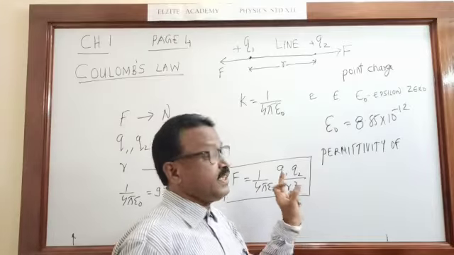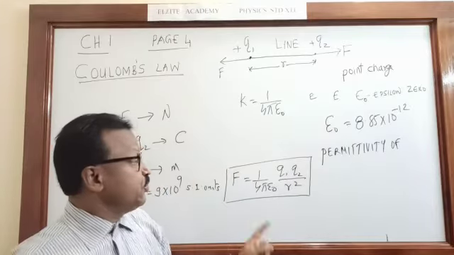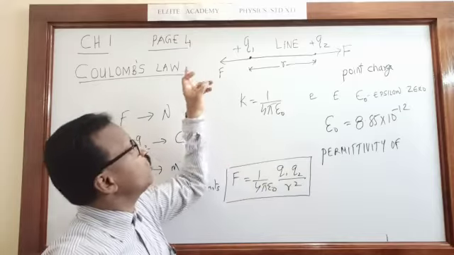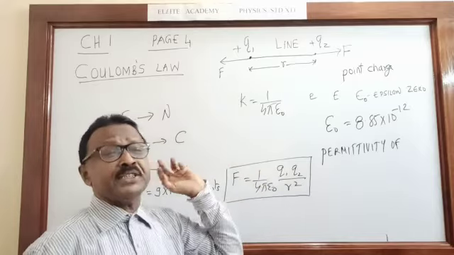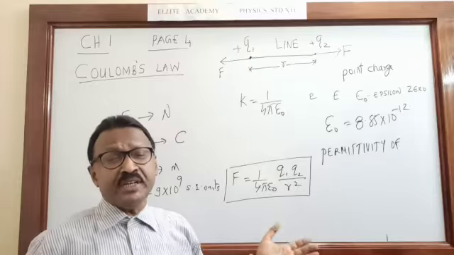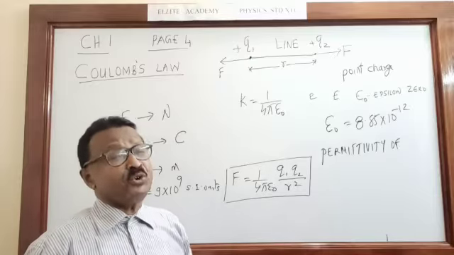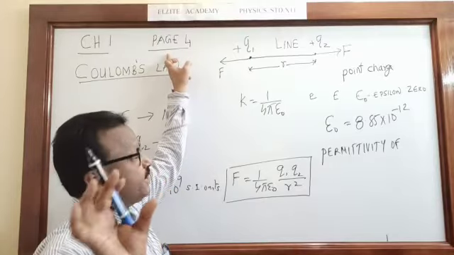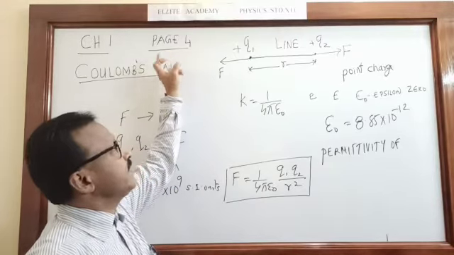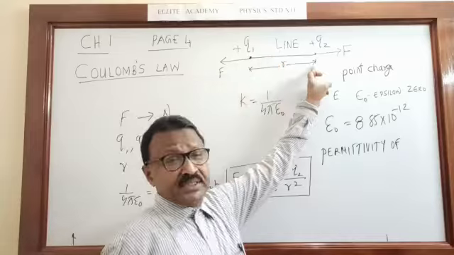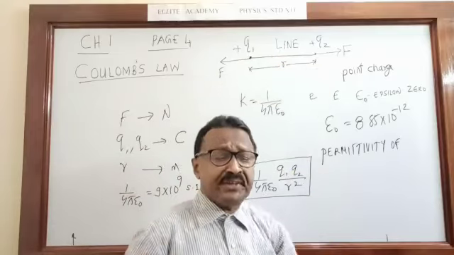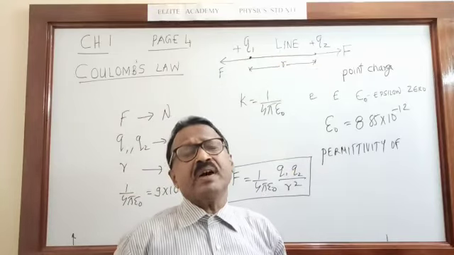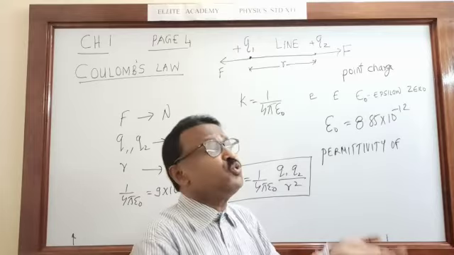So what we want for the exam point of view is: state Coulomb's law and write down the expression for that. The statement is put in bold letters in our notes, page number 4, the first paragraph. The charges are at rest, so we call it electrostatics. Statics means at rest; dynamic means moving.